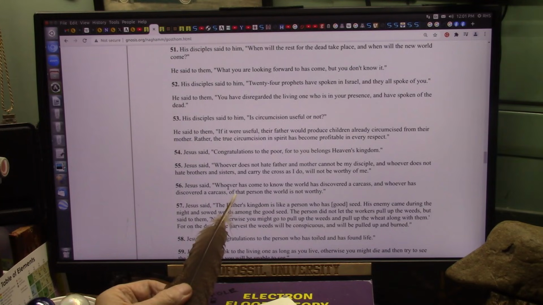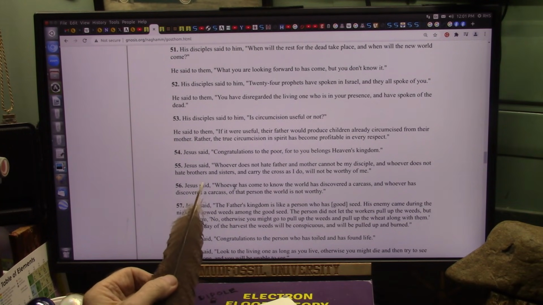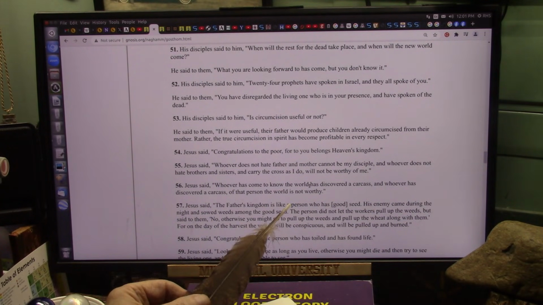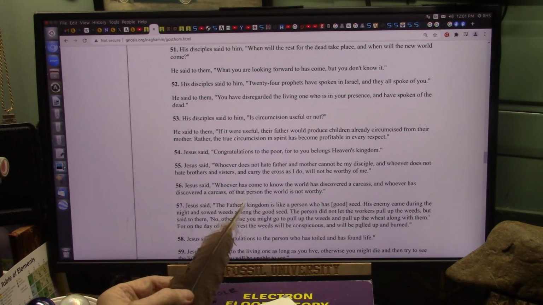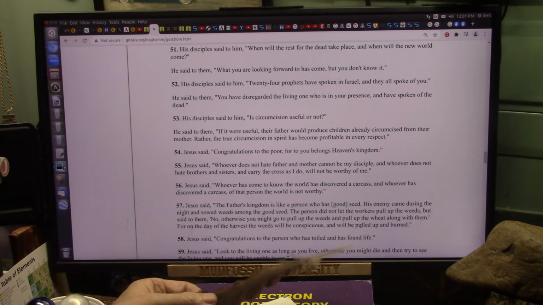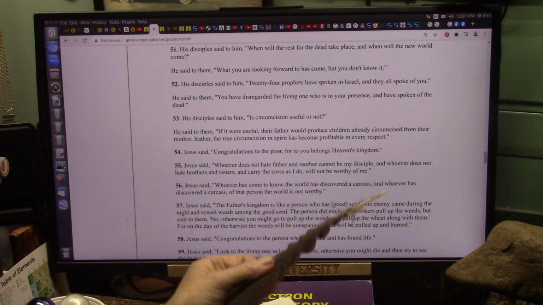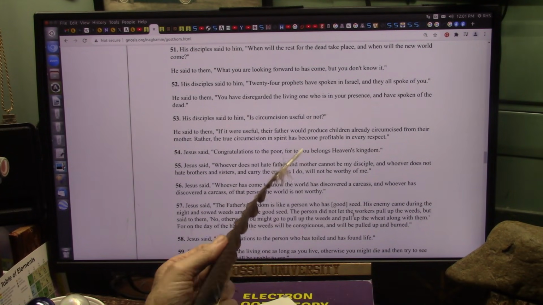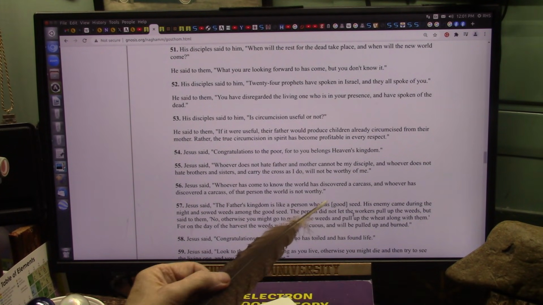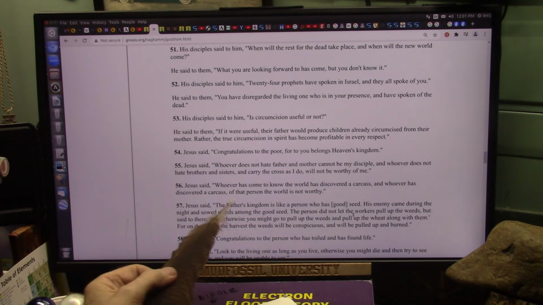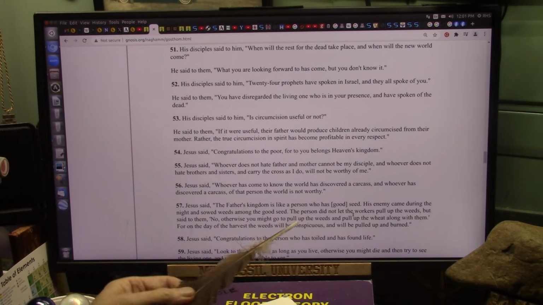It's saying whoever. That's anybody. Whoever has come to know the world. Meaning, to me, either the earth itself or the world as the population of the world. They're both, to me, carcasses. They're dead and not doing what they should have been. The earth is just covered with carcasses.